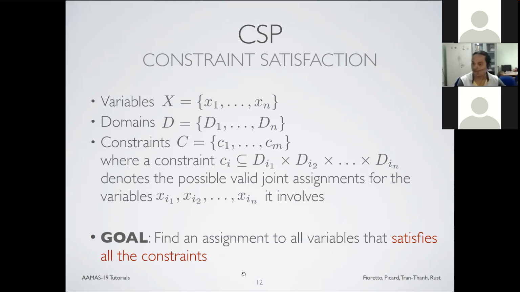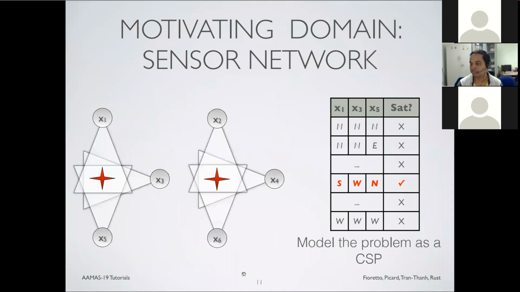We are not optimizing. We are saying it is a satisfaction problem. The same constraint satisfaction problem can be treated as a constraint optimization problem if, for each assignment, we associate some values, and the sum of the values should always be maximized.